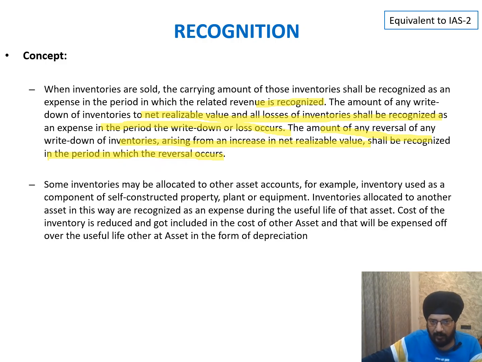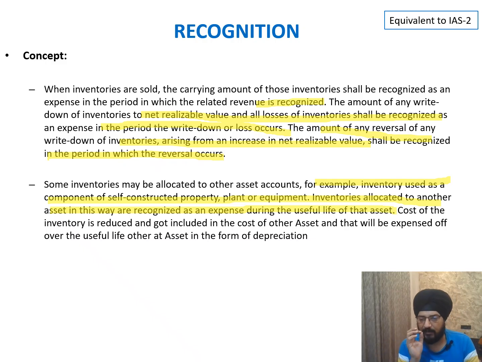Some inventories may be allocated to other assets. For example, inventories used as a component of self-constructed property, plant or equipment. Inventories allocated to another asset are recognized as an expense during the useful life of that asset. So for example, if I have an item and that item is consumed in one of the assets being constructed by the organization, then it will be credited to my inventory and debited to that PPE.